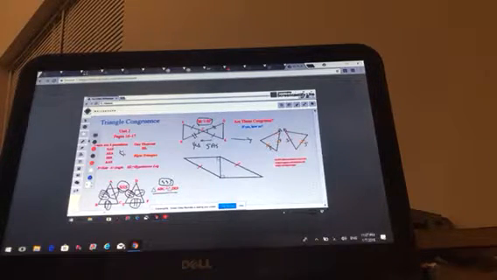That doesn't match anything, and it spells a bad word, which we can use in math to know. If it spells out a bad word, we can't use it. If it spells ASS or SSA, that's not an option, meaning these 2 triangles are not congruent to each other.